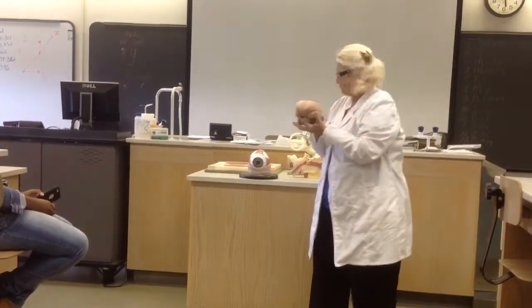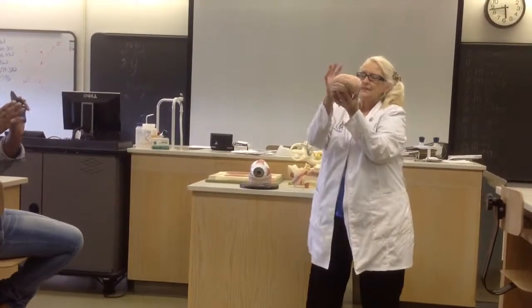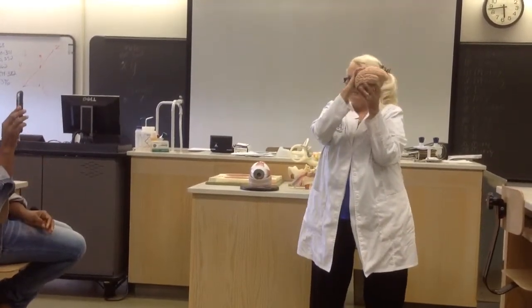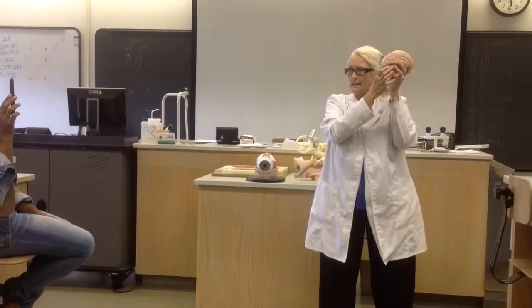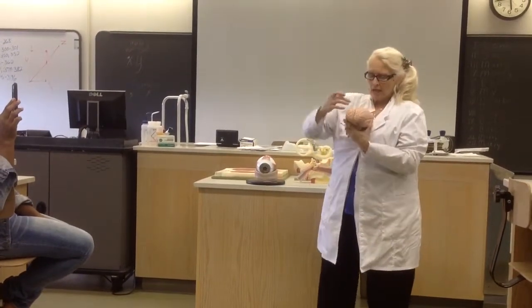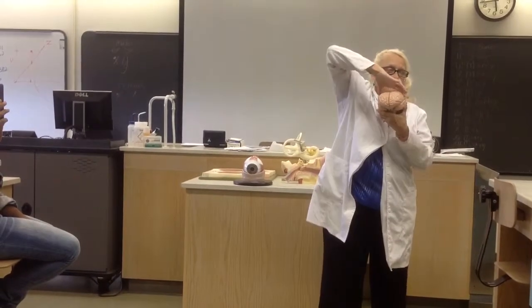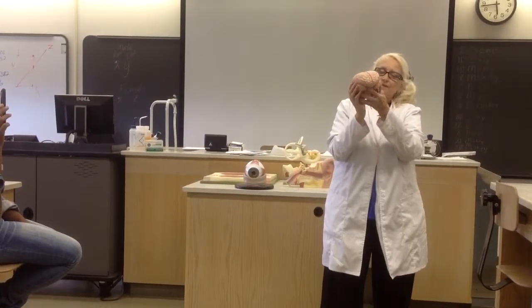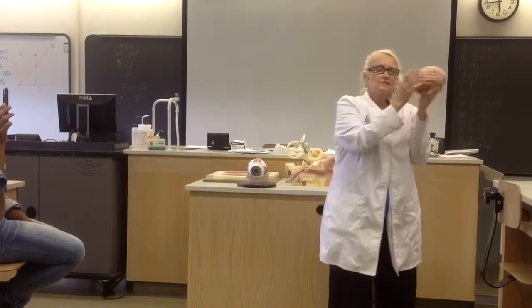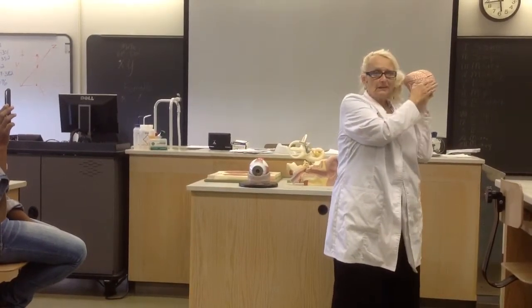Brain. You have the cerebellum. The brown is the cerebellum. You have the frontal lobe, the parietal lobe. It's two temporal lobes, and it's one occipital lobe in the back.